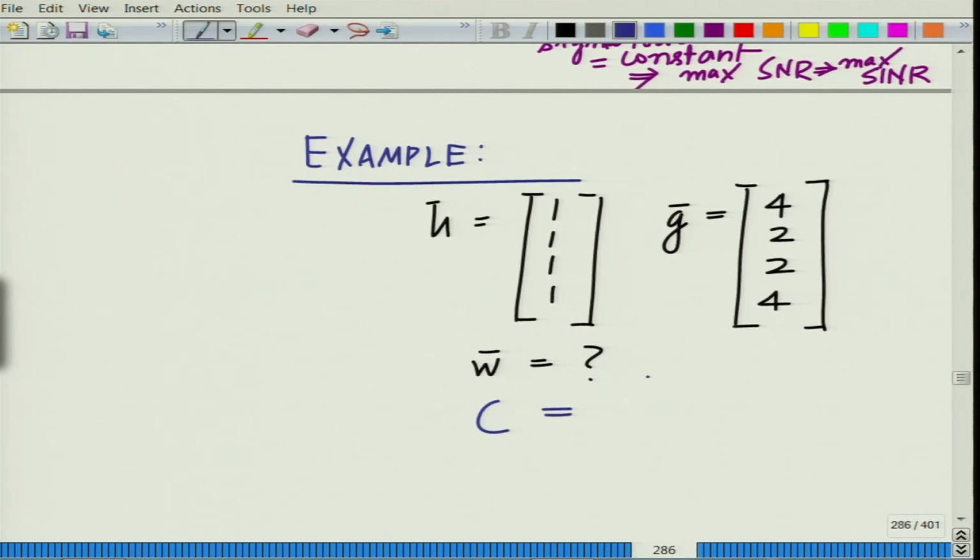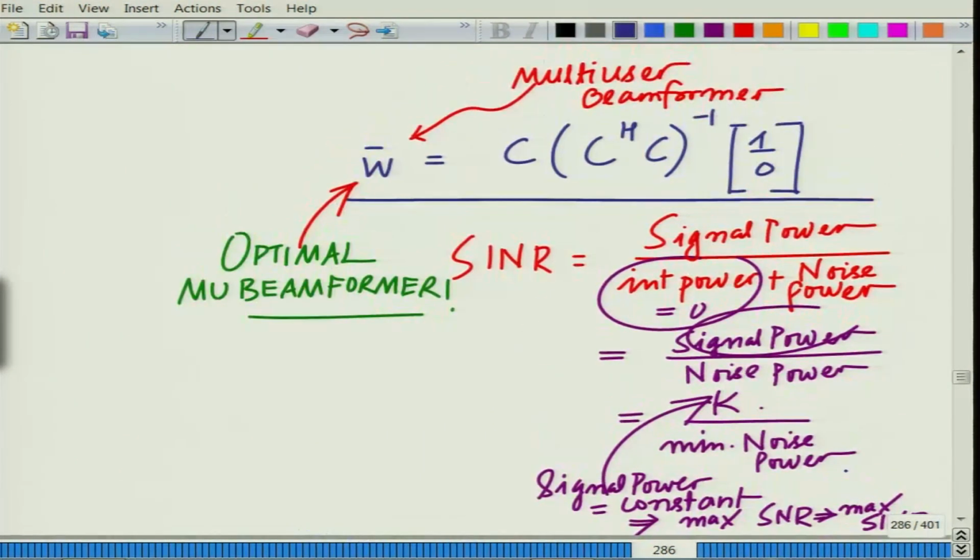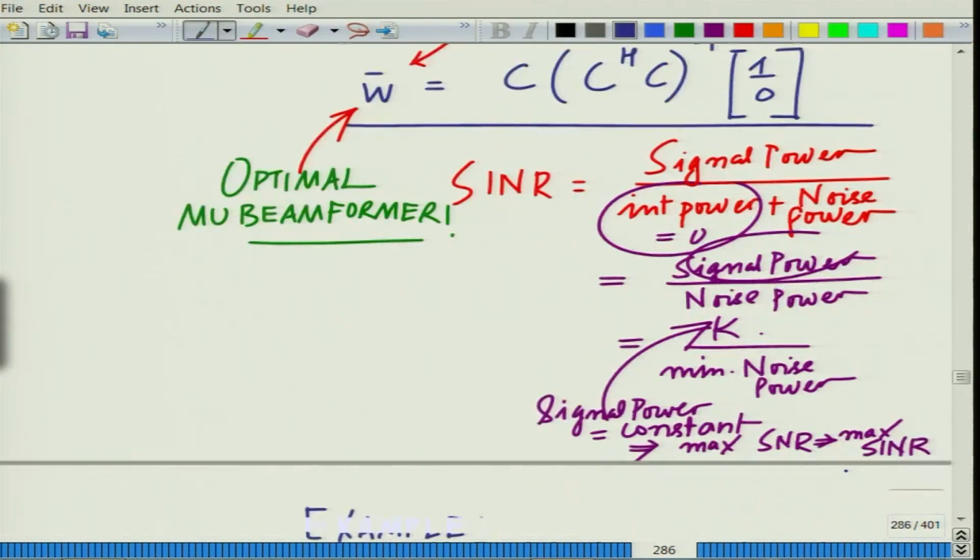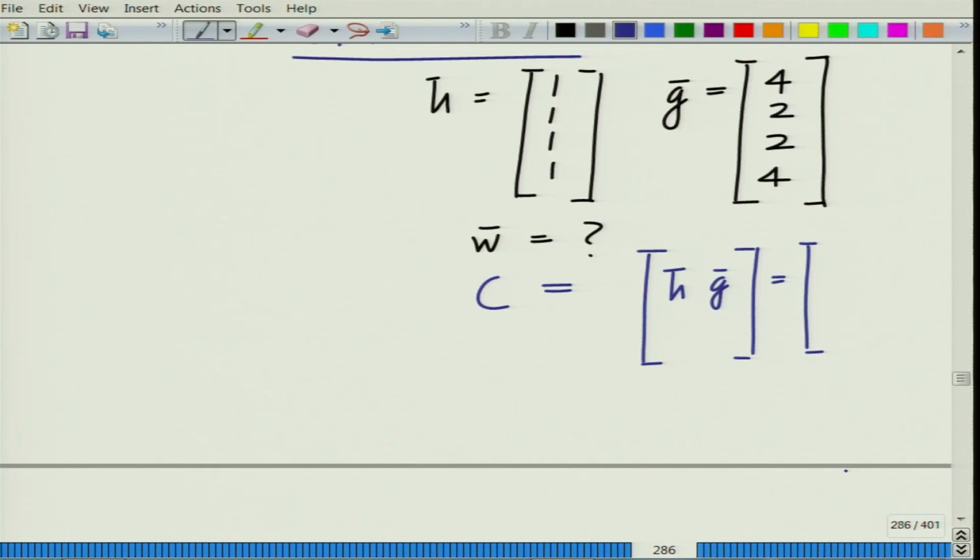For that, you first form the matrix C, which is H bar G bar, which is essentially your matrix 1 1 1 1 4 2 2 4, right.